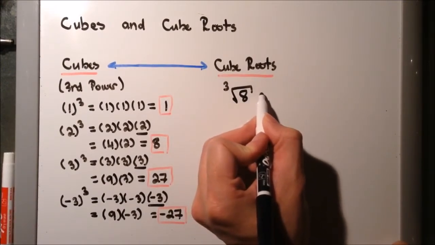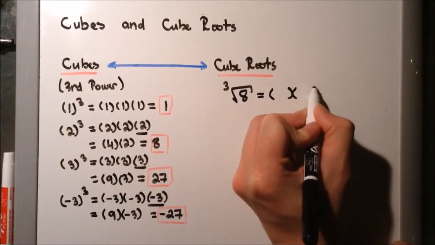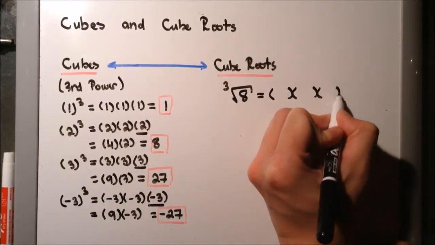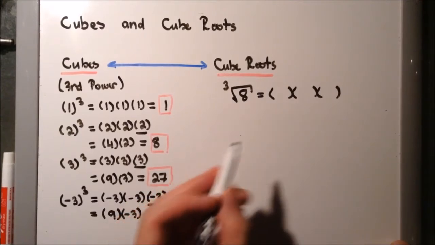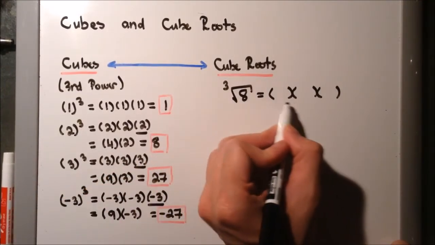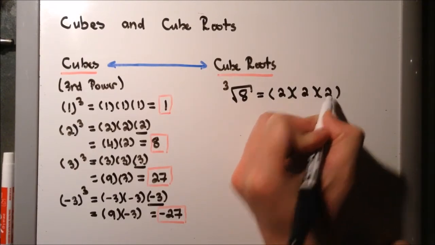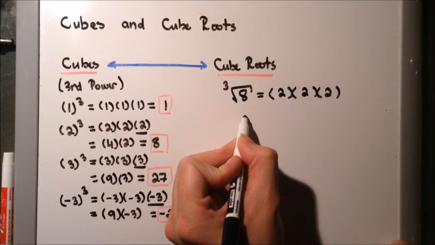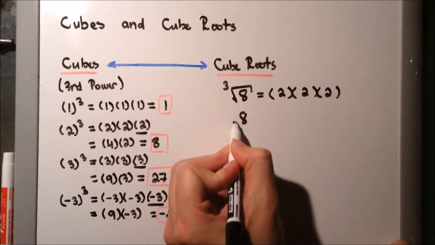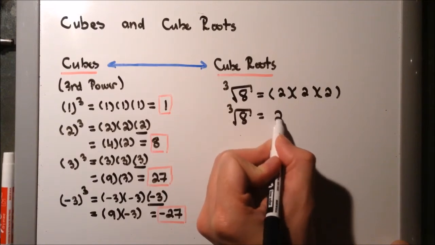So cube root means a number times itself 3 times. Based on what we have here, a number times itself 3 times would be 2. So the cube root of 8 is simply 2, and that's our answer.